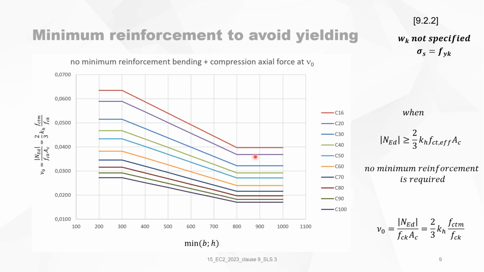So it means that, for instance, for a beam with a width of 300 and a depth of 600, you will see the difference between the C100 and the C16: for high strength concrete, the normal force where you don't need minimum reinforcement is half of that for a regular concrete like C30.